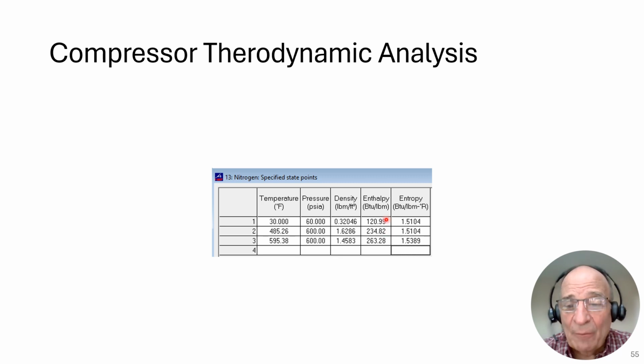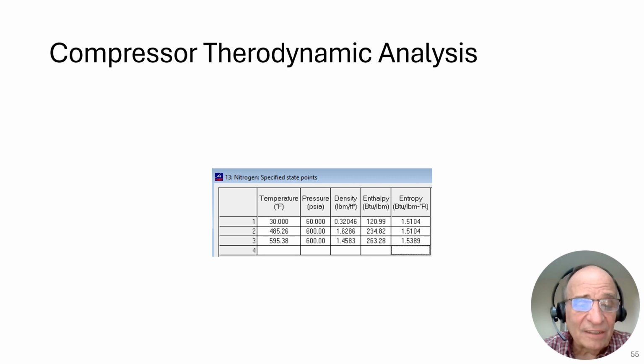And we add that amount of work to this enthalpy here. We come up with a new enthalpy. So that's a new enthalpy that we input here. And we also need another intensive property, which is the 600 psi that we input here. And the rest of the table populates. Take notice what happened to the temperature.